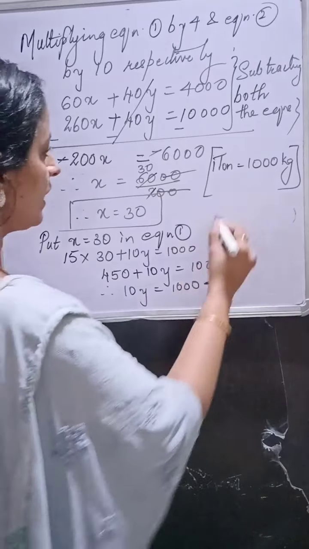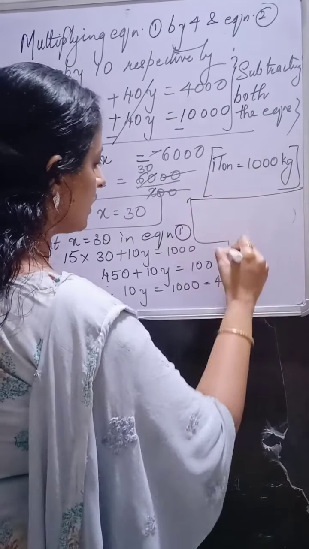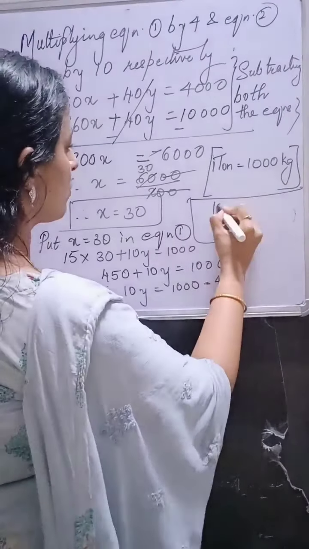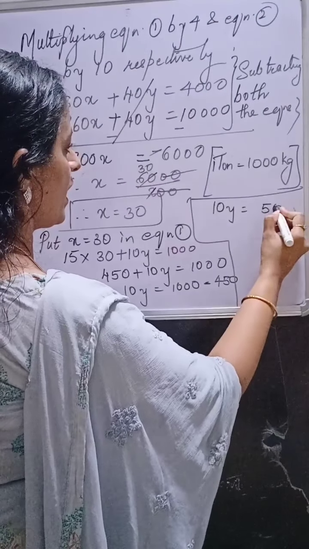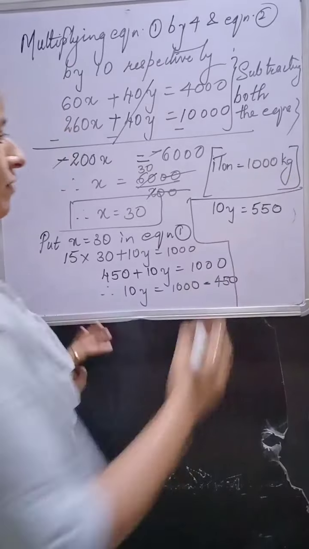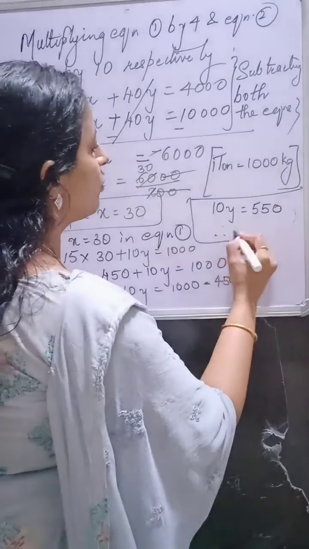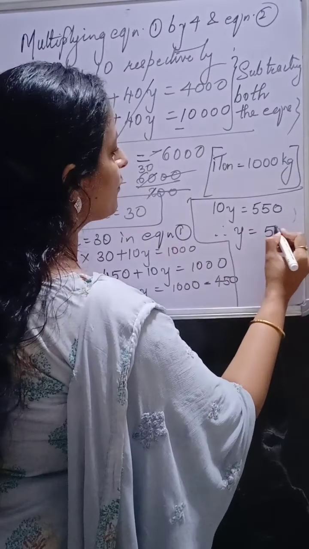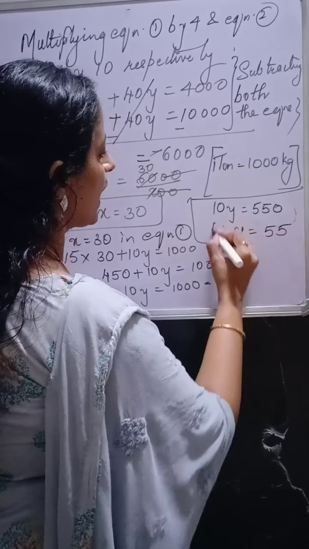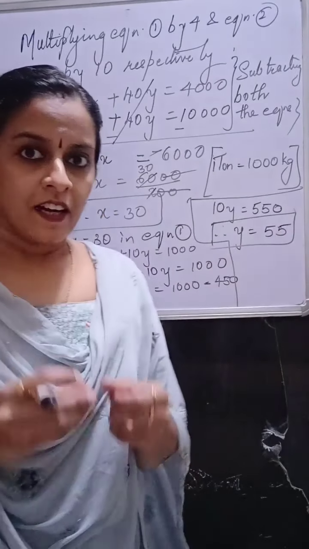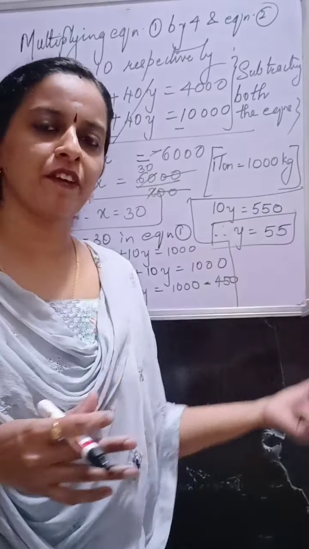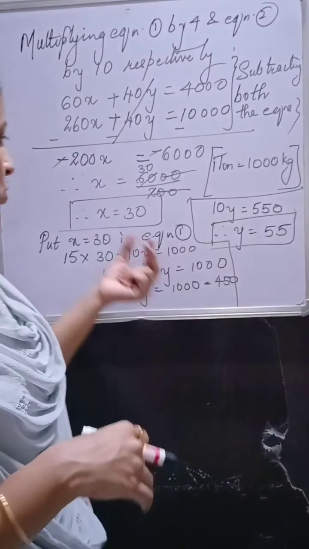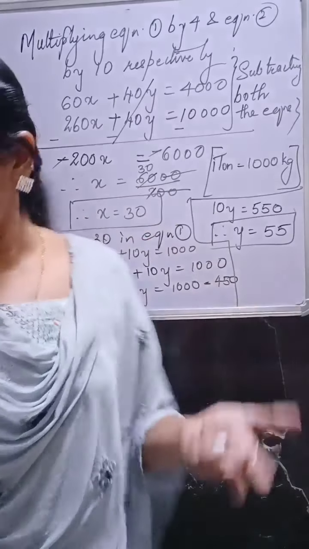This will be 550. Therefore, y is equal to 550 upon 10, which is 55. Each box of type B weighs 55 kilogram. Each box of type A weighs 30 kilogram.